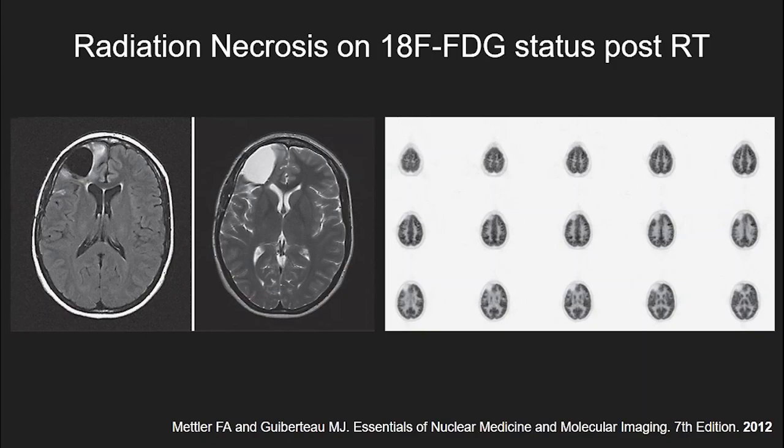Now, it might be difficult off of just the MRI to say whether this all represents radiation necrosis or whether some of it may represent recurrent tumor. So in this case, when FDG is used, you can see that there is no significant FDG uptake within the cyst or within the parenchyma surrounding the cyst, suggesting that this represents an area of radiation necrosis without evidence of disease recurrence.